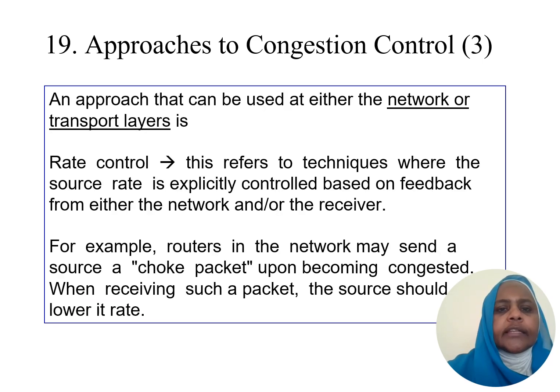Another approach that is used by both network and transport layers is rate control. This refers to a technique where the source rate is explicitly controlled based on feedback from either the network or the receiver. For example, if the routers have experienced congestion, they can send a choke packet to the sender, and the sender should lower its rate.